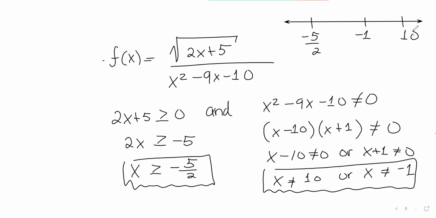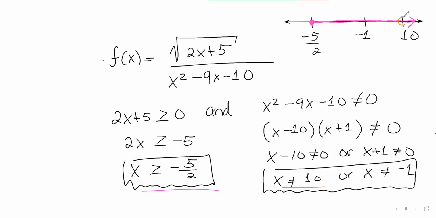So let's shade these one by one. So the first case is x could be equal to negative 5/2 and all numbers greater than. Let's look at the next restriction. X cannot be 10.